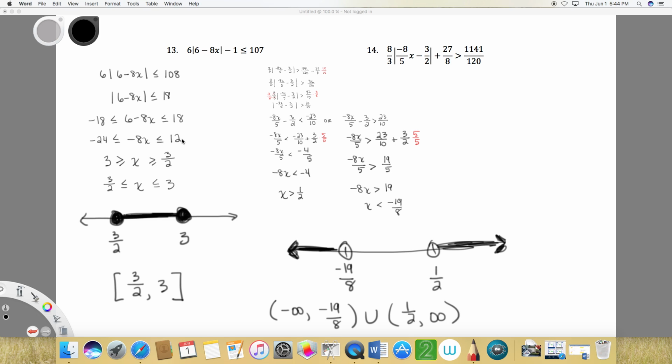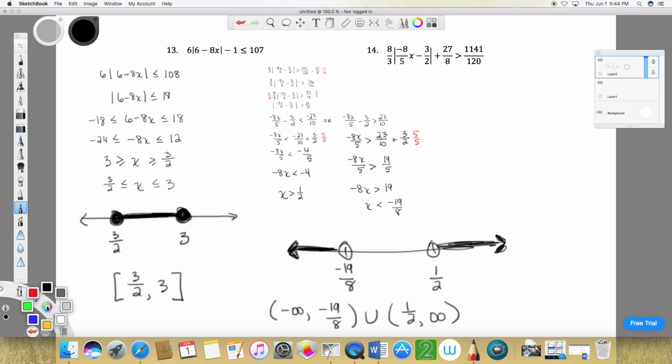When I have positive 12 divided by negative 8, that should be a negative value right here. So this should be a negative number, and this should be negative, and negative 3/2 is definitely less than positive 3. So there's an example of, hey, you've got to be careful.